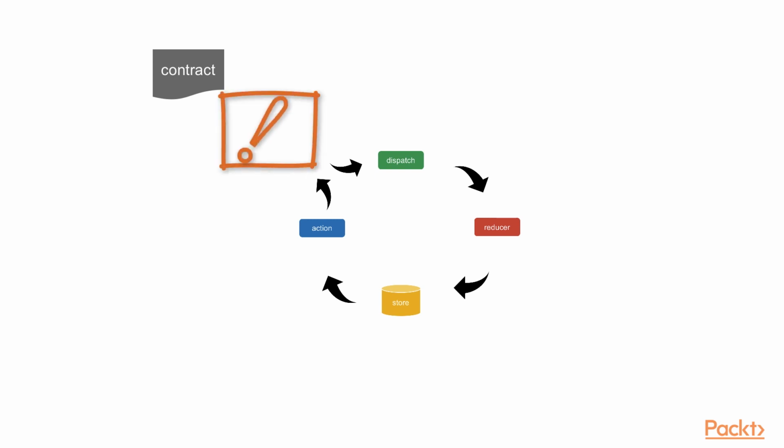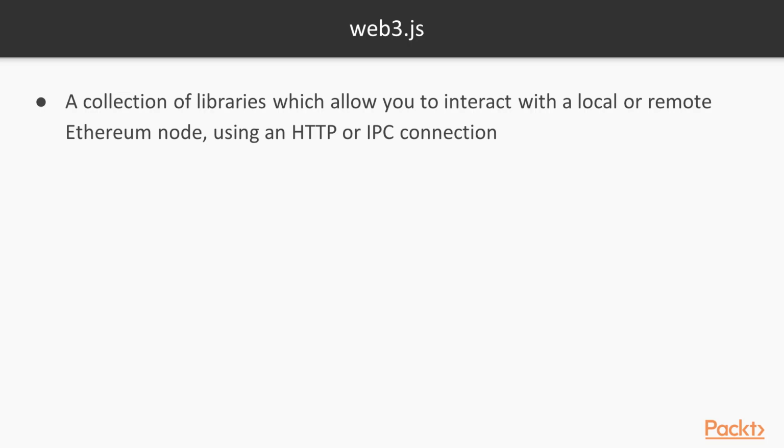So this part right in between here, between the React application and the Ethereum network, we're going to use a utility library called Web3.js to make that communication happen. Web3 provides utilities that allow us to communicate with Ethereum nodes like Ganache, as well as nodes on the Ethereum main and test networks.